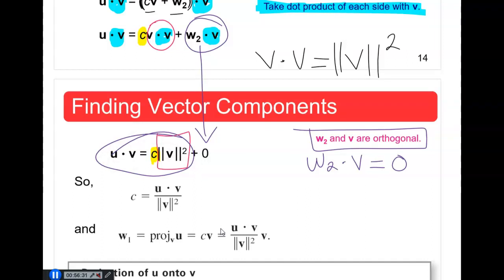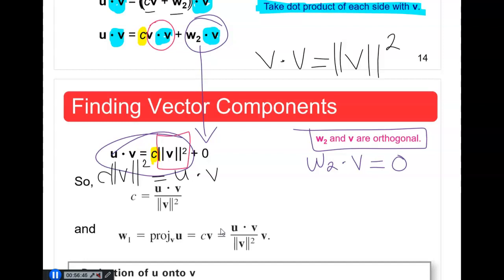So if I write C times the magnitude of vector V squared is equal to the dot product of U dotted with V.